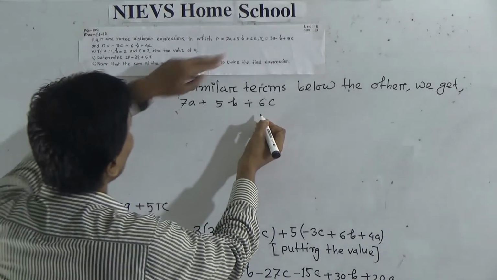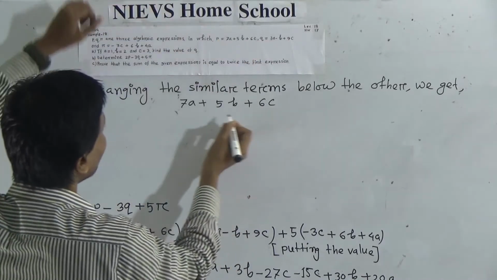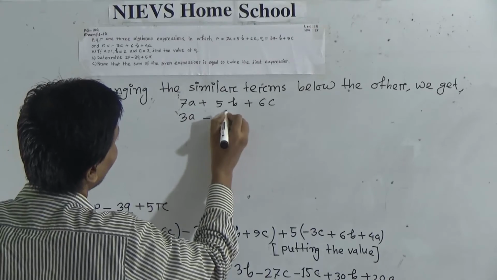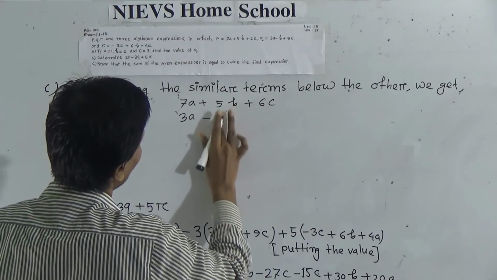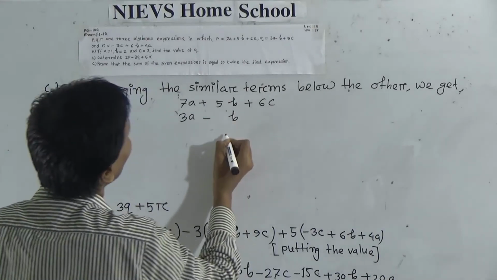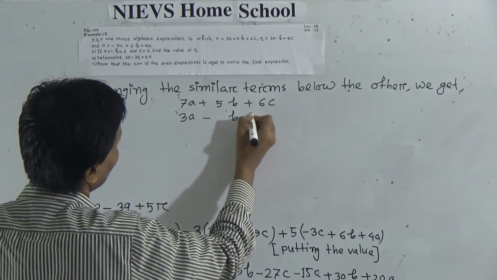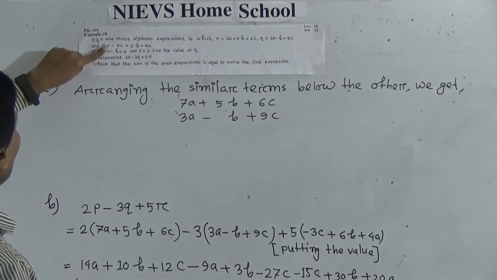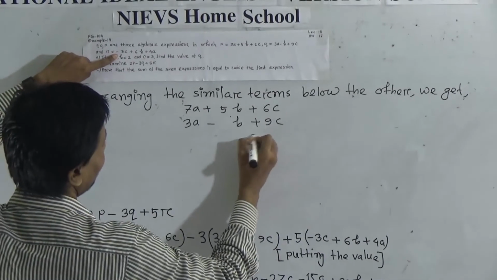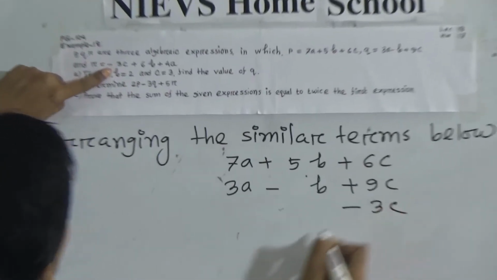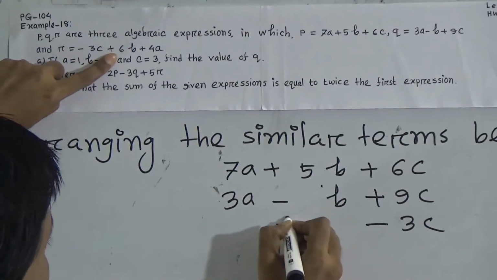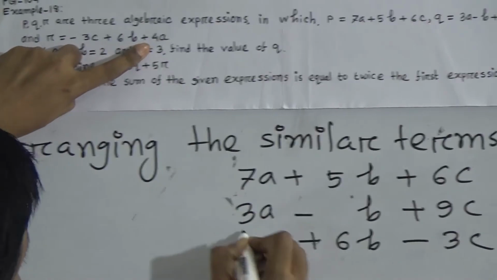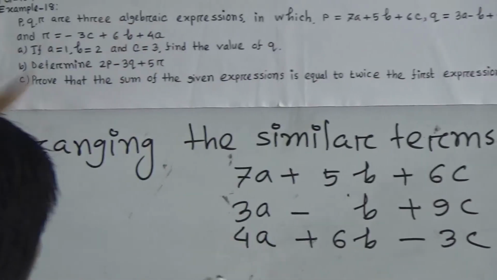Then Q equal to 3a minus b plus 9c. Then R equal to minus 3c plus 6b plus 4a.